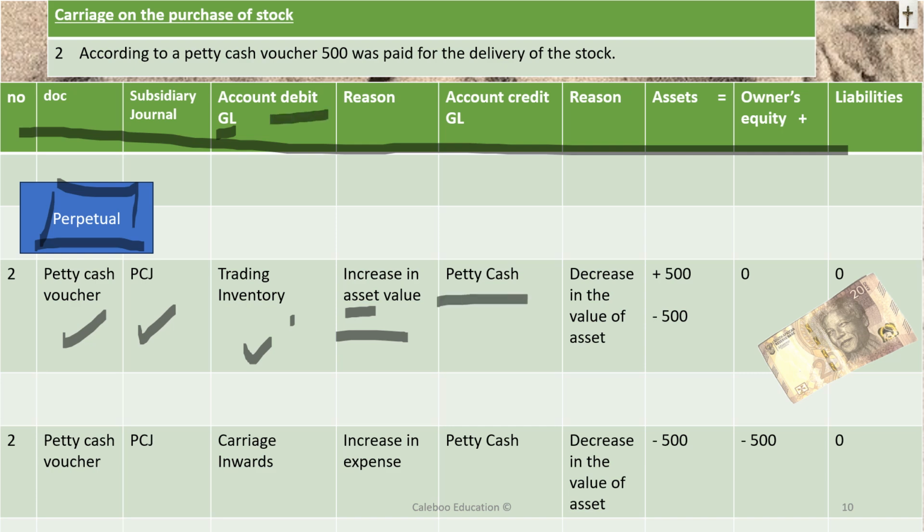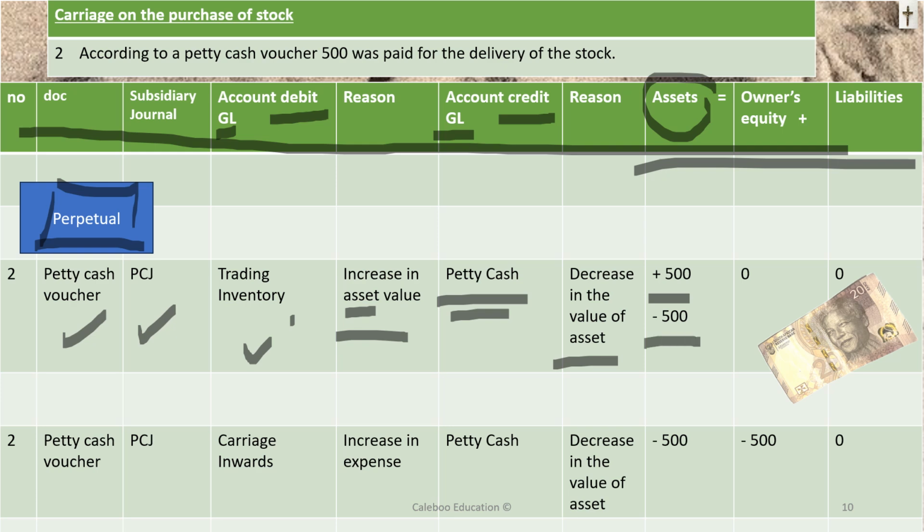What happened to our petty cash balance? It decreased. So the decrease in the value of the asset is the reason why petty cash was credited in the general ledger, and the effect on the accounting equation, under assets you've got plus 500 with the stock value increasing, and minus 500 cash asset decreasing.